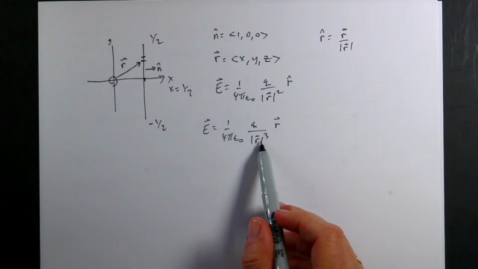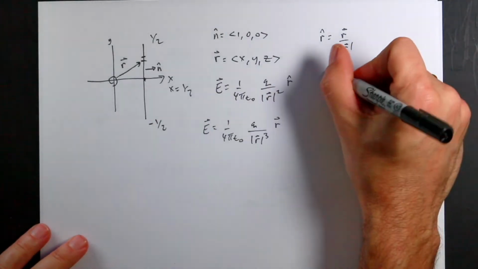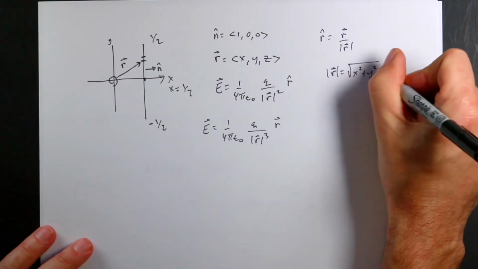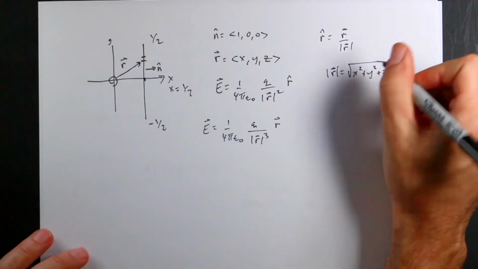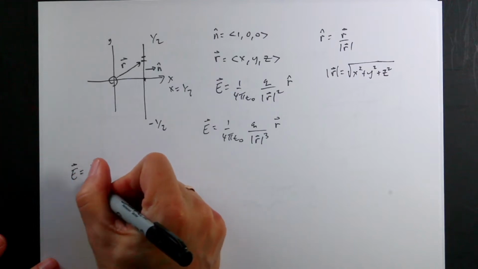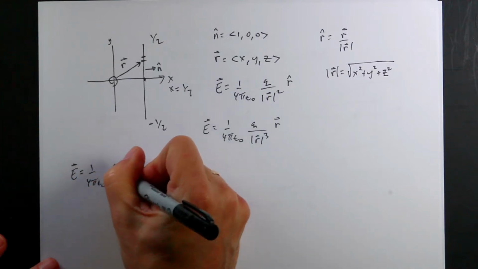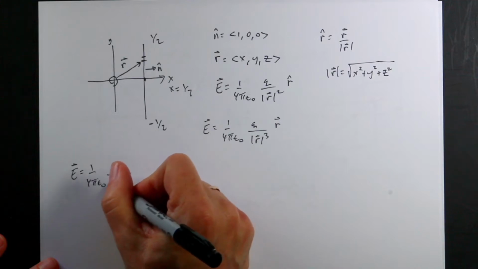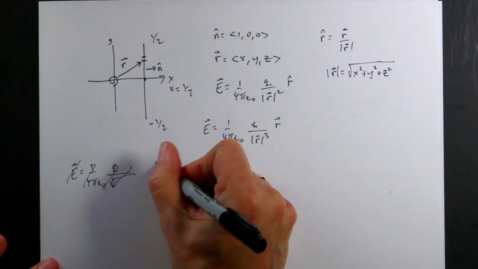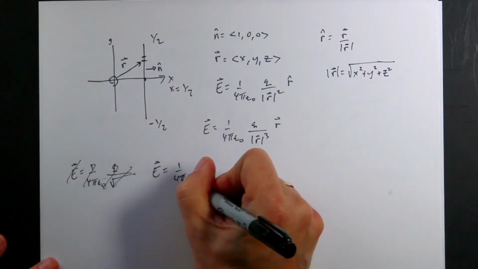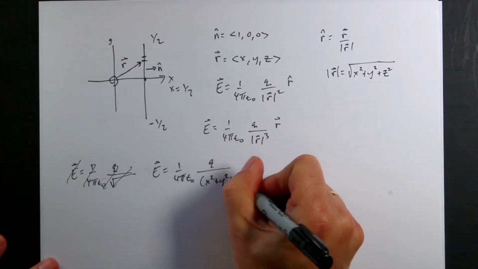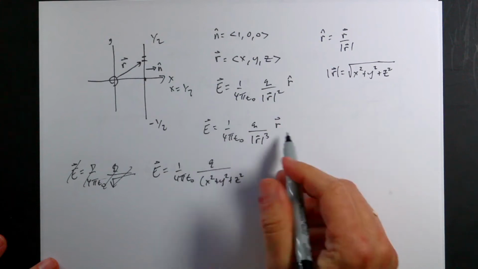Now what about the magnitude of r? Well, if that's my vector r, the magnitude of r is just going to be the square root of x squared plus y squared plus z squared. So now I can write this as a vector. E equals 1 over 4 pi epsilon naught q over x squared plus y squared plus z squared, and to the square root, but then I have to cube it.